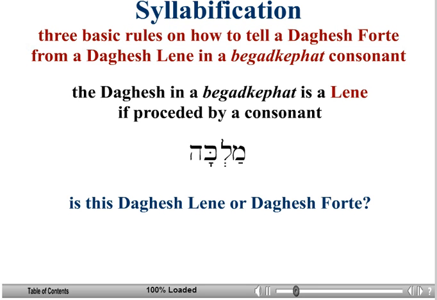The kaf is preceded by lamed with silent schwa. You will learn how to distinguish between vocal schwa and silent schwa in the next handout. But for the moment, you will observe that the kaf is preceded by the consonant lamed. That means, according to this rule, that the dot in the kaf is a Dagesh Lene.